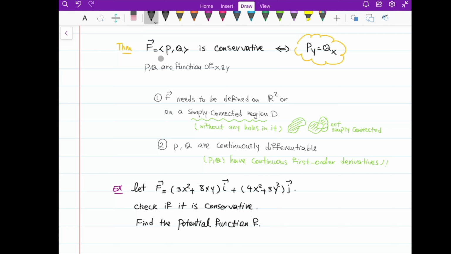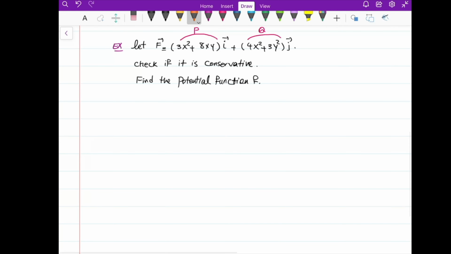To check that it's conservative, this is the first coordinate, this is P, this is the second coordinate, which is Q. I need to say that the derivative of P with respect to y should be equal to the derivative of Q with respect to x. Okay, so let's do it. What is the derivative of P with respect to y?